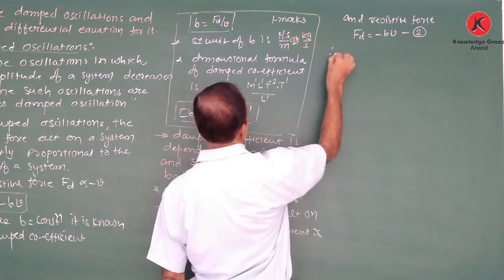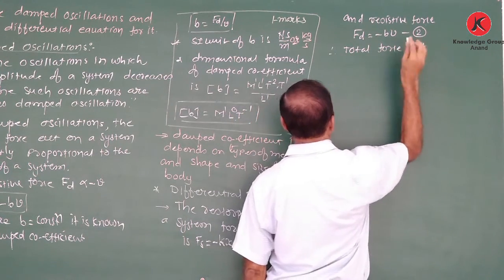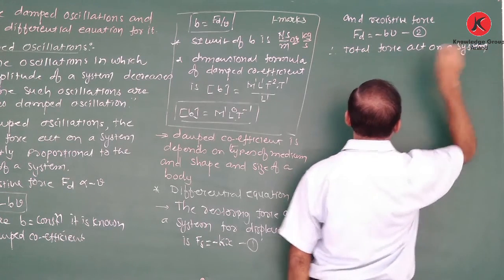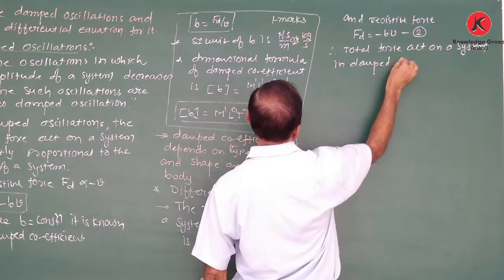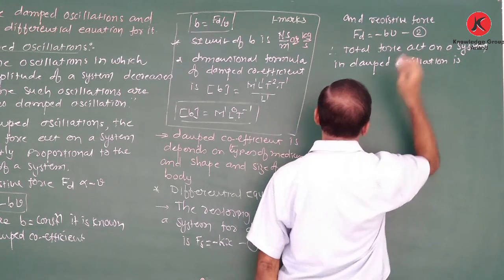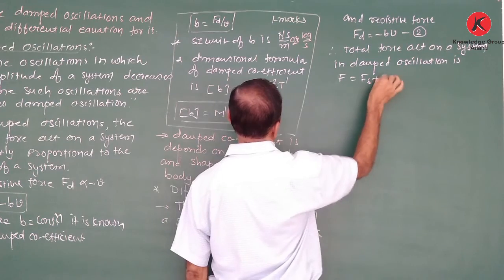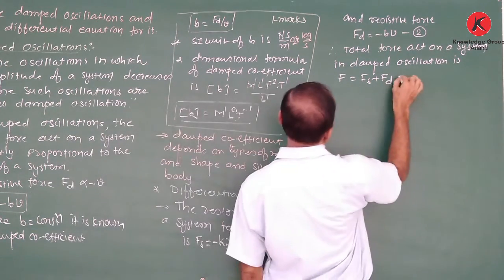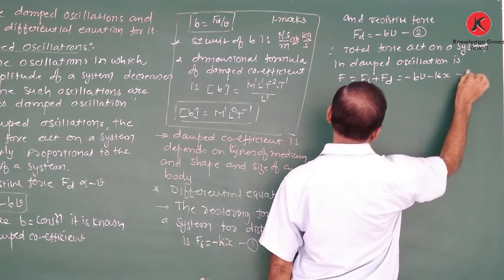Therefore, the total force acting on a system in damped oscillation is F is equal to Fs plus Fd, is equal to minus bv minus kx, equation 3.